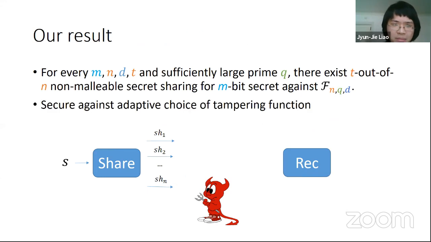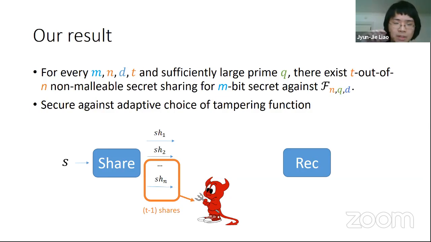Actually, the same secret sharing scheme is leakage resilient to affine leakage, but it is not really leakage resilient non-malleable to any kind of affine leakage. To achieve the non-malleability, we allow certain kinds of affine leakage, and some examples include just revealing some of the shares to the adversary, like what we show in this adaptive choice slides.